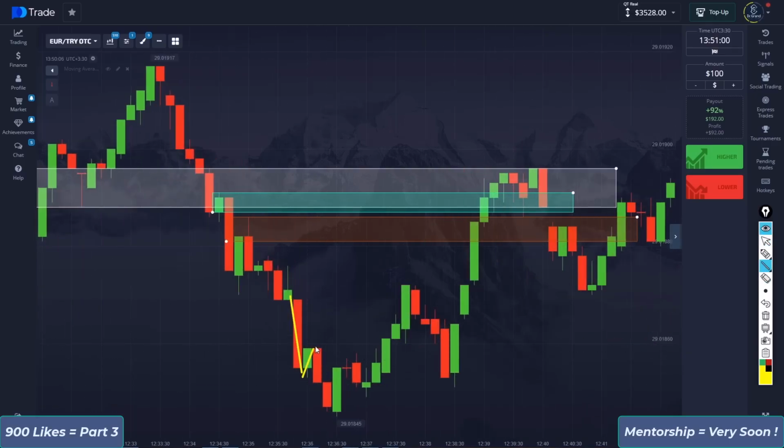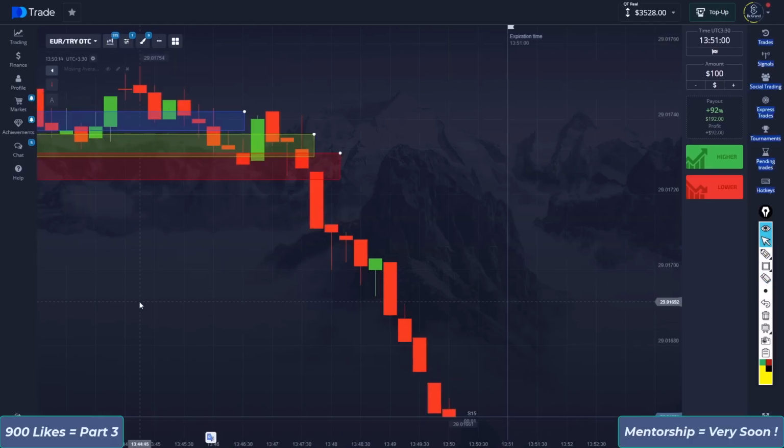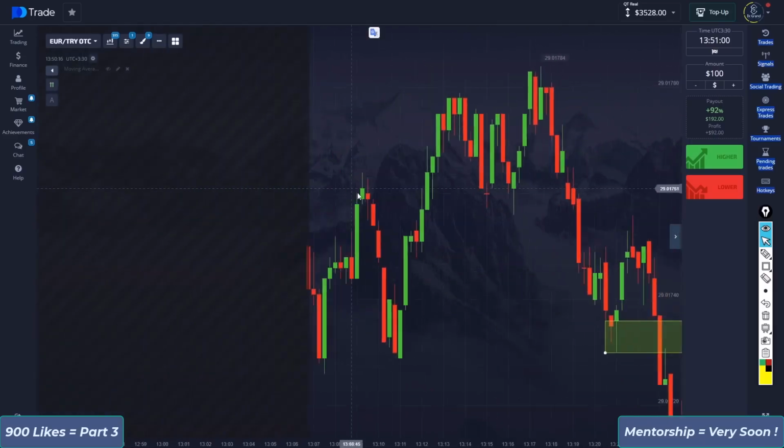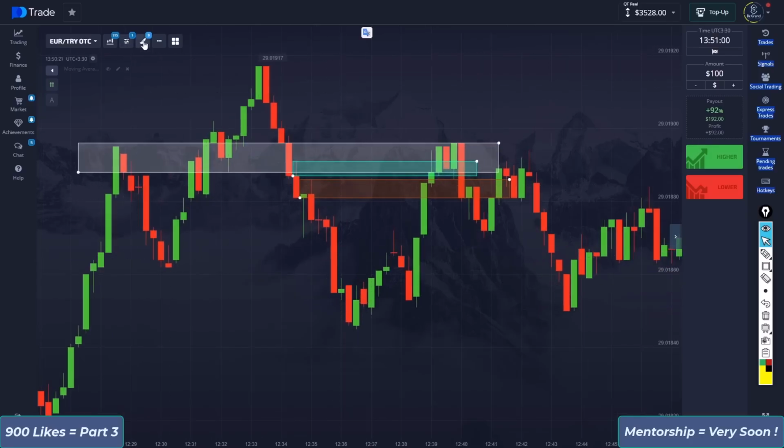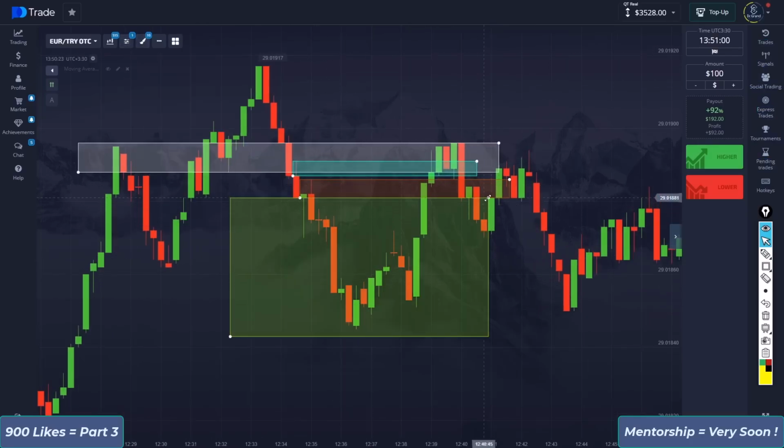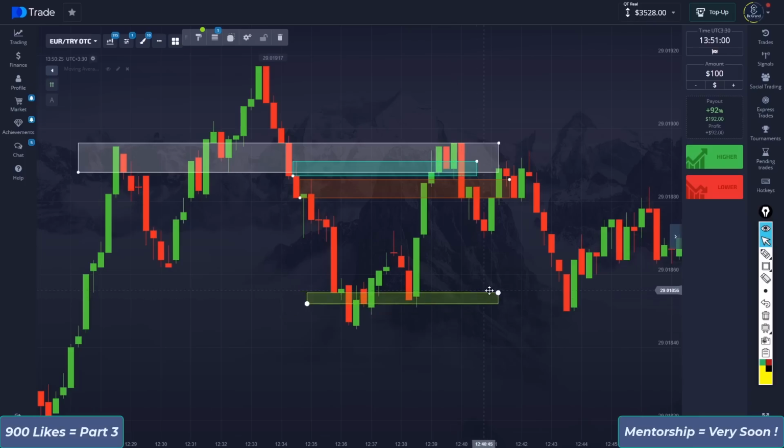Look at this. This is a QM buy, right? But at what time frame? 10 seconds. Let's go to the 15. Where was it? Oh, there we go. So let me just draw something here so we don't miss that. Okay, this is the QM right here.